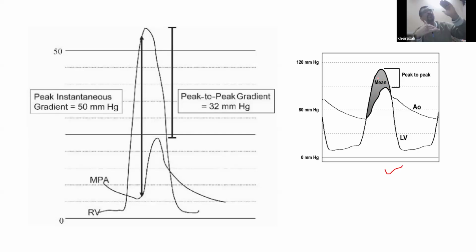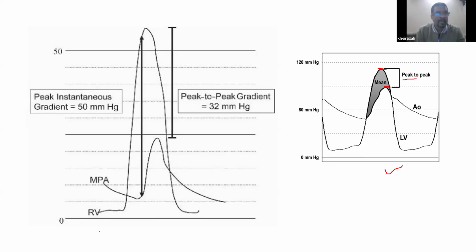So we have a case of aortic stenosis, the degree of which depends on the peak to peak gradient, meaning the difference between the peak aorta and the peak LV. And also the mean. We can also calculate the mean, in the cath lab, of all this area. It gives us the pressure gradient between the aorta and the LV.